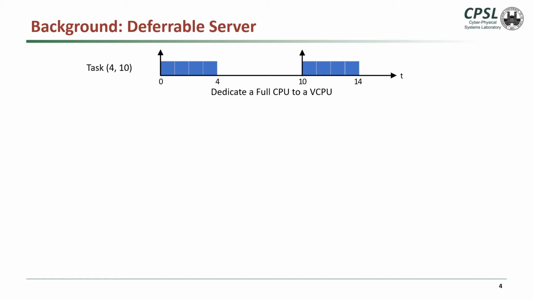Let's say this task has a period of 10 and an execution time of 4 time units. The schedule is very simple. At time 0, the task releases its first job and executes for 4 time units, and at time 10, the task releases its second job, and it runs till time 14.